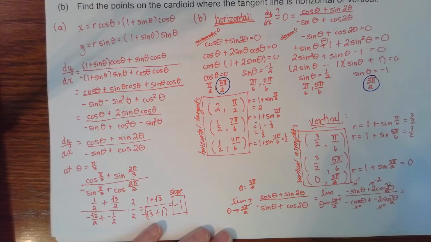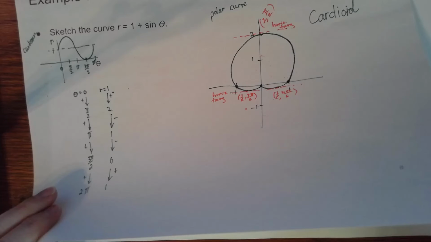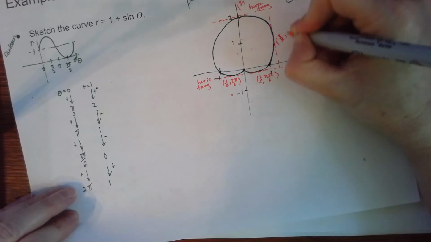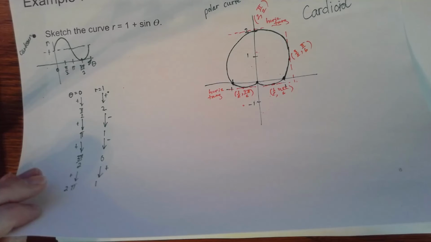All right, so let's compare that with our graph here. So at pi over 6, 3 halves, out here, there does appear to be a vertical asymptote there.